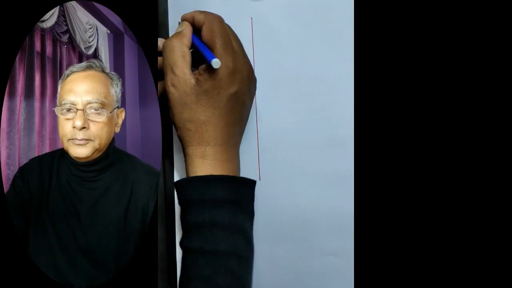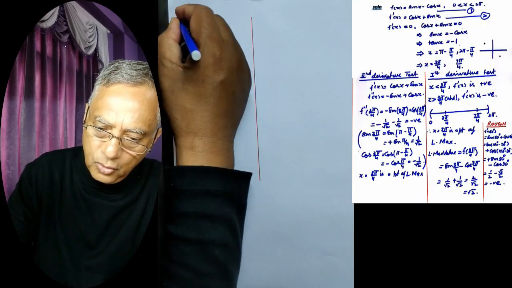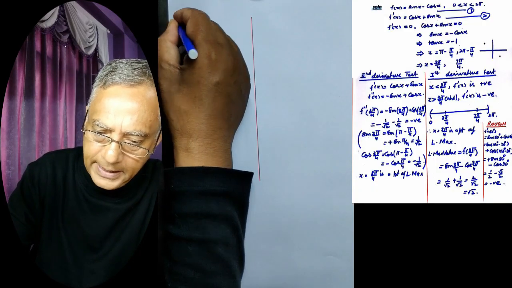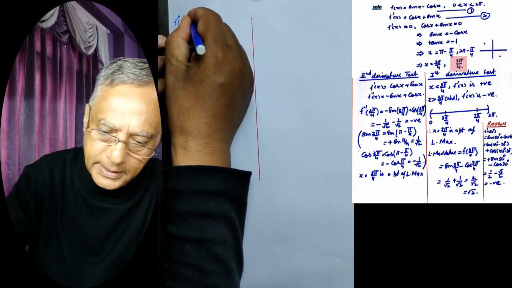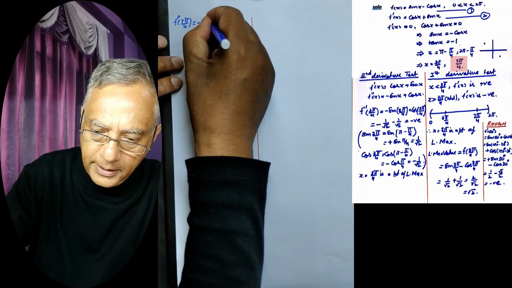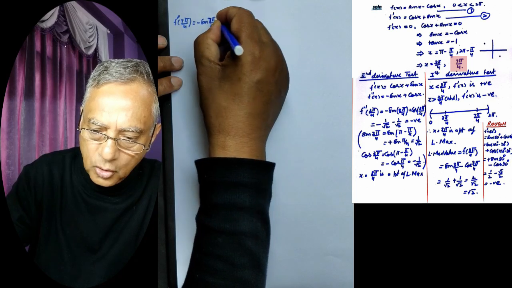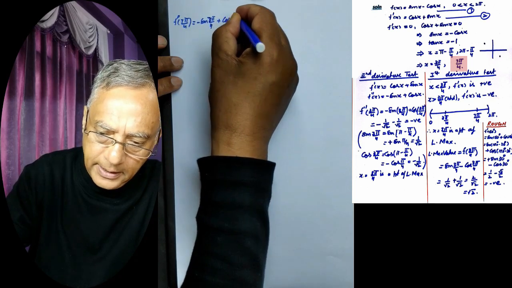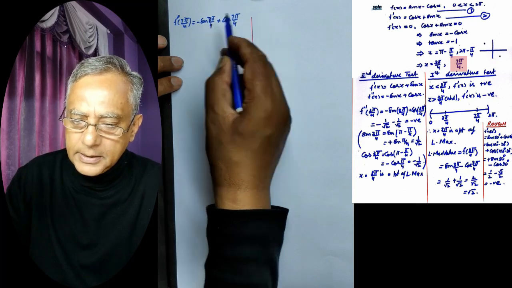Now we consider the next point. Now the other point is 7 pi by 4. So f double dash at 7 pi by 4 is equal to minus sine 7 pi by 4 plus cos of 7 pi by 4. You can consult the previous sheet on the side sheet.